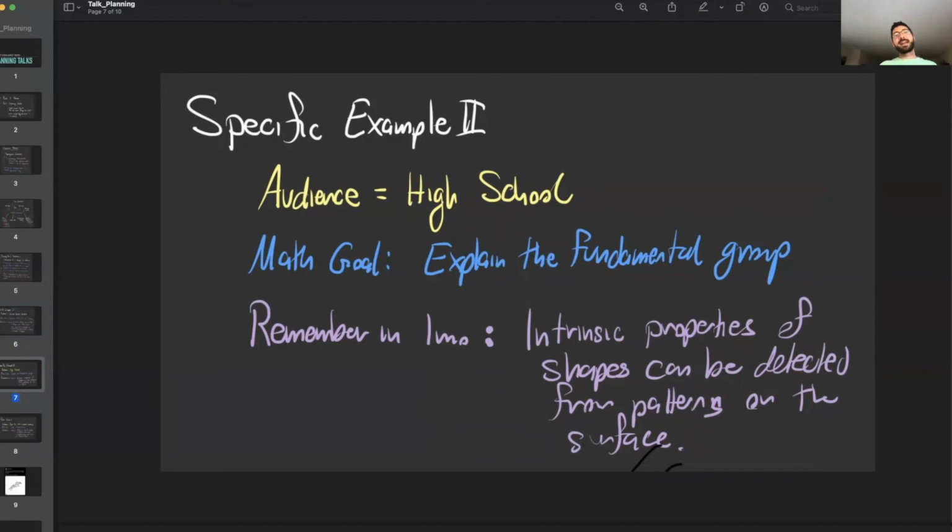So the main thing I want people to remember a month from now is that the intrinsic properties of shapes can be detected from patterns, patterns that can arise by thinking about the surface itself, namely by keeping track of loops on the surface.